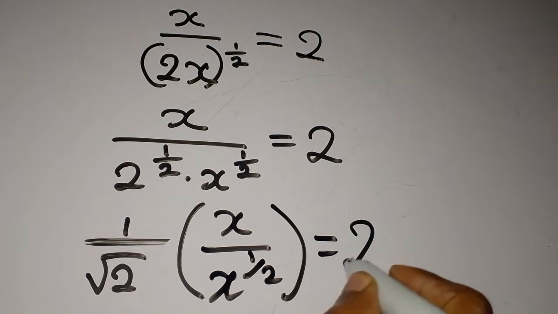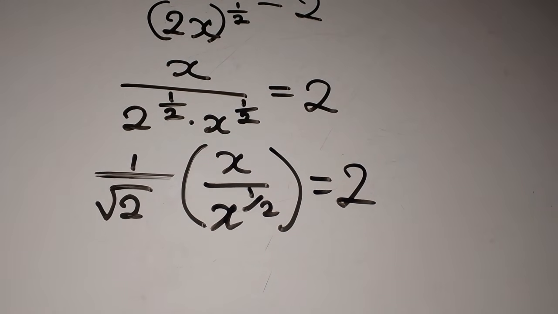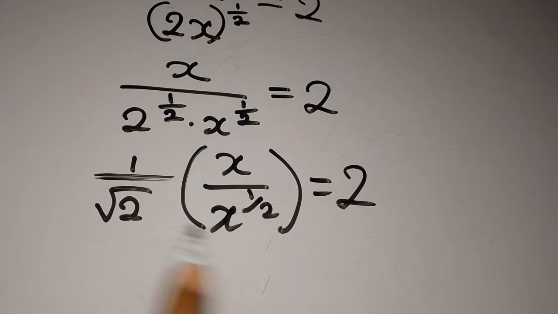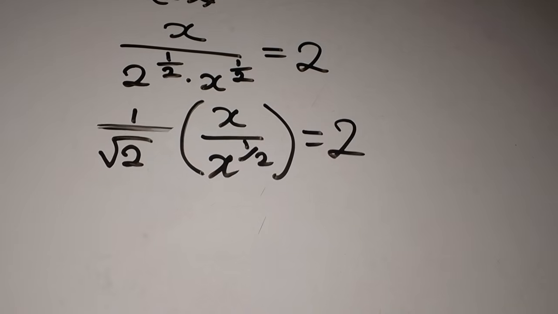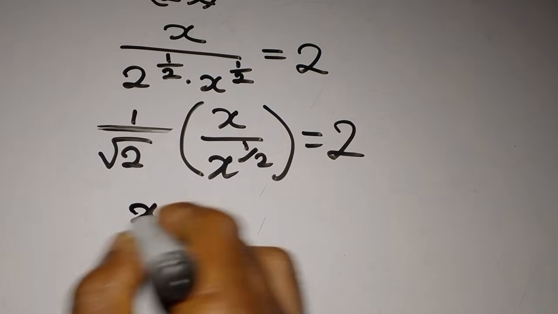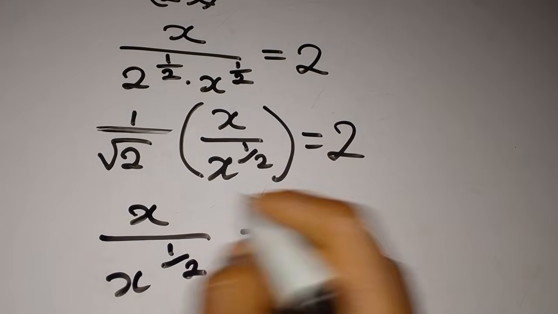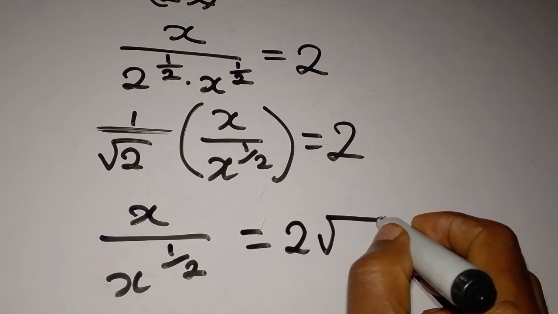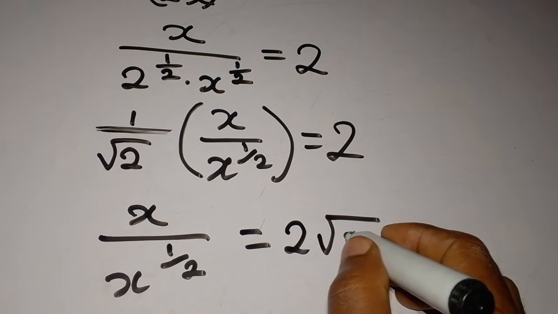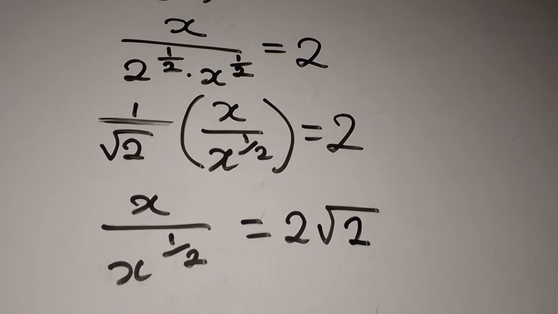This is equal to 2. Do you see what I'm doing? As a matter of fact, these two can multiply already. So on the left hand side, just put x over x to the power 1 over 2 to be equal to 2 multiplied by this. That will be 2 root 2.